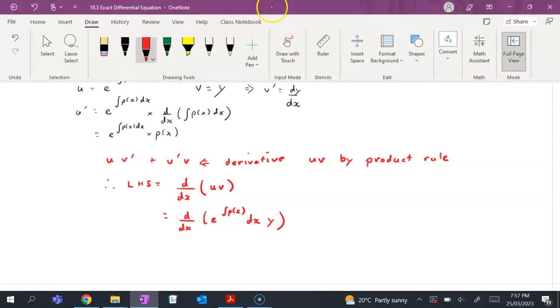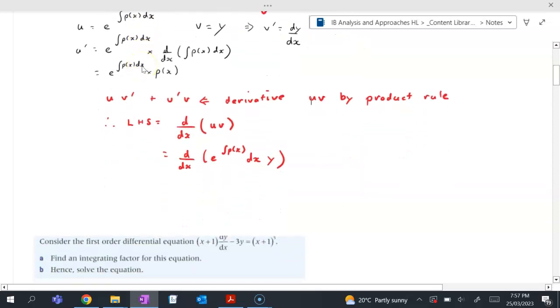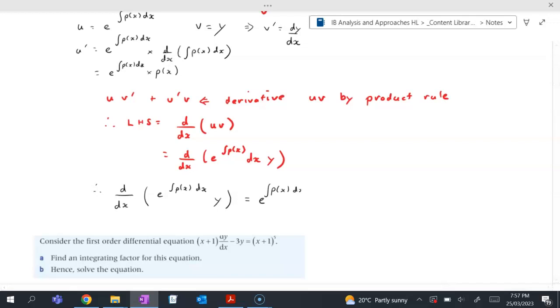And so putting this all together, I can write the equation as d by dx of e to the integral of p of x dx times y is equal to the function we had on the other side, which is e to the integral of p of x dx times q of x.